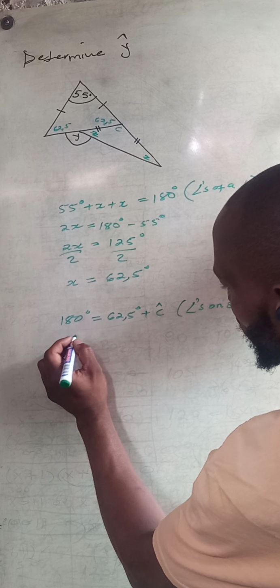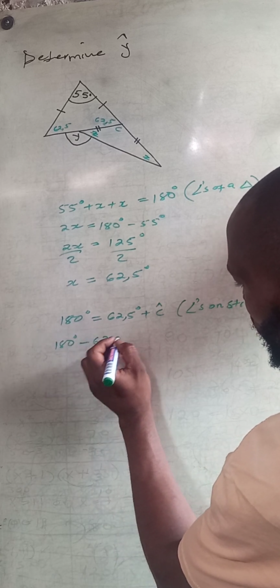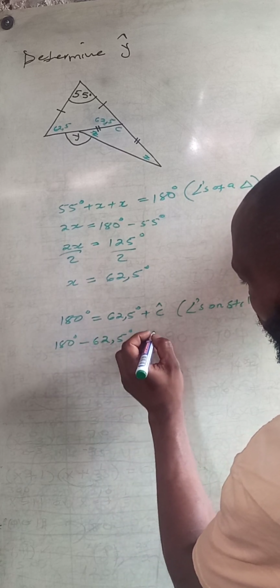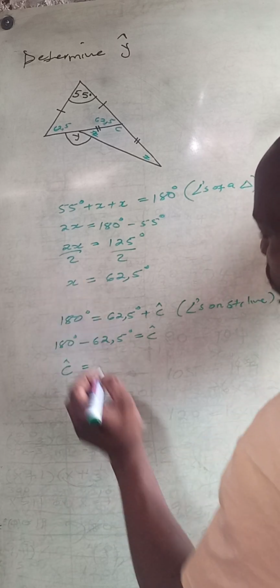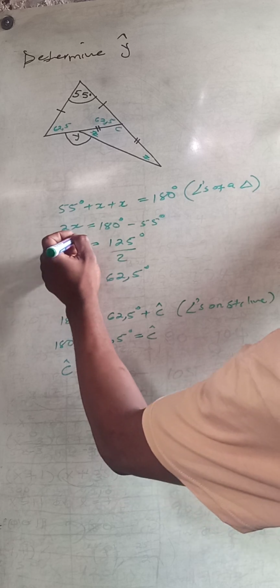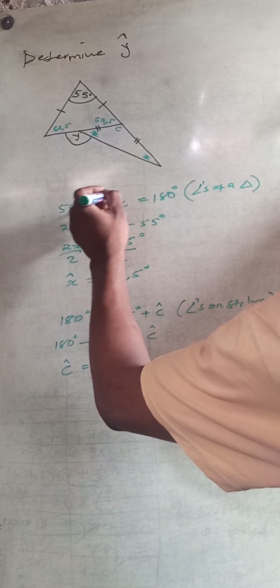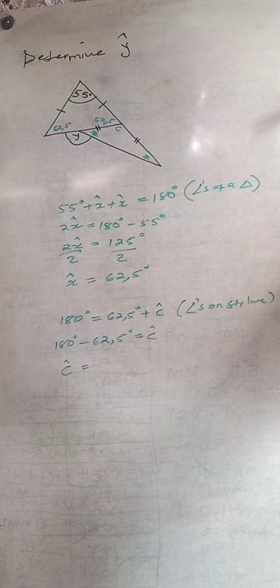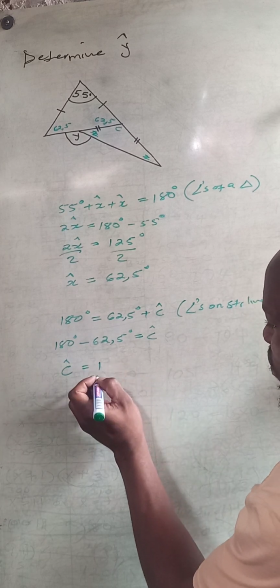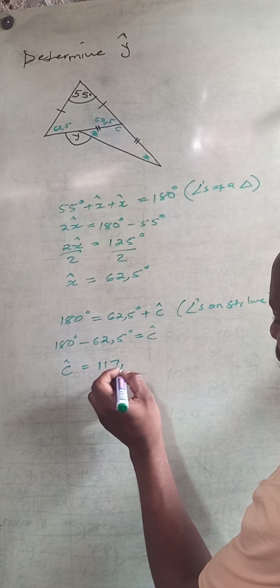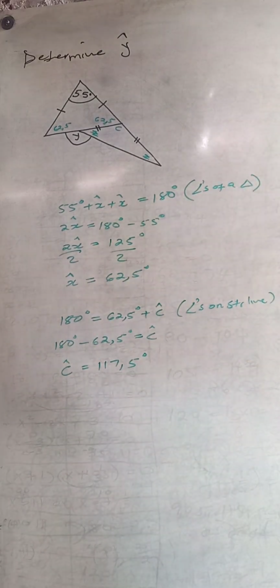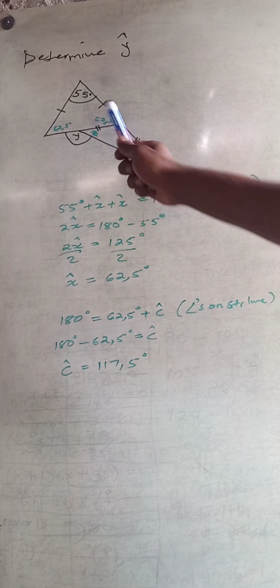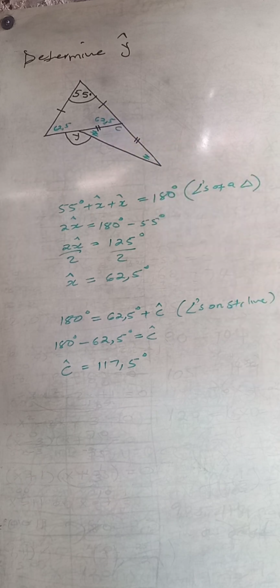Therefore, 180 degrees less 62.5 degrees is equal to angle C. This will be 117.5 degrees. That is the value of angle C.